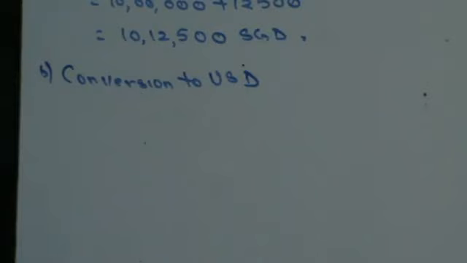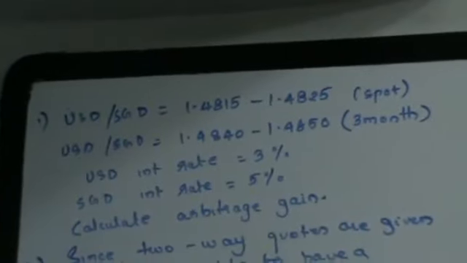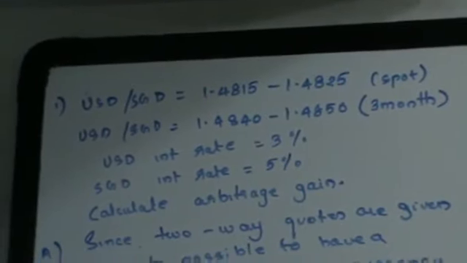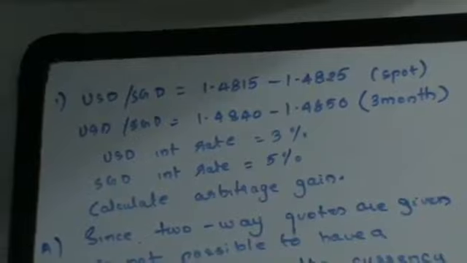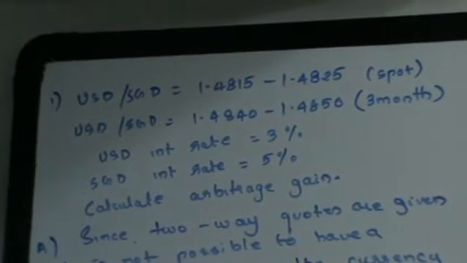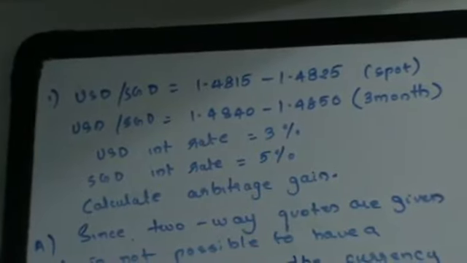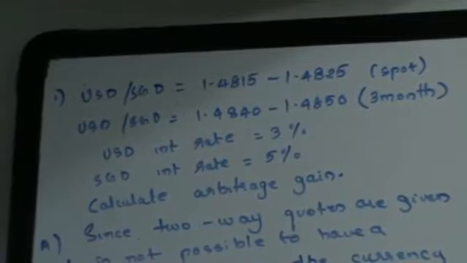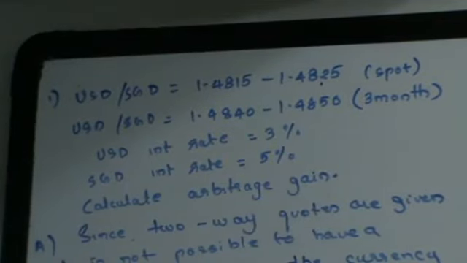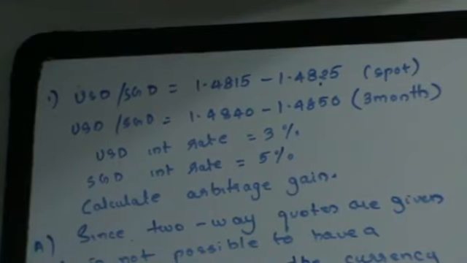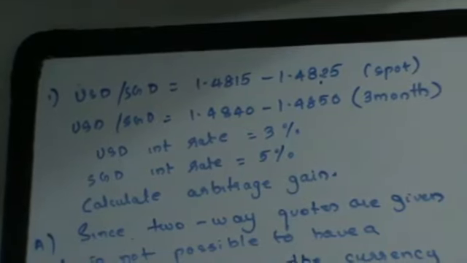If I want to convert Singapore dollars to US dollars, I have to buy US dollars, and I can buy only when someone sells US dollars to me. I therefore have to consider the seller's rate, the ask rate. Do you get this?